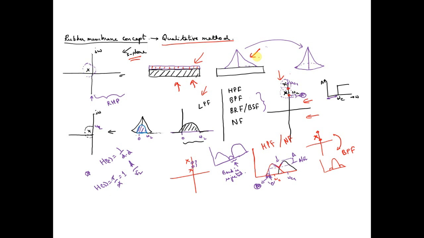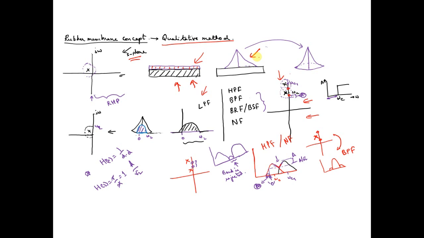Now on the omega axis, if I place this pen over here, this is the distance or the height of the response. Now if I move it backwards, you see the response has reduced.